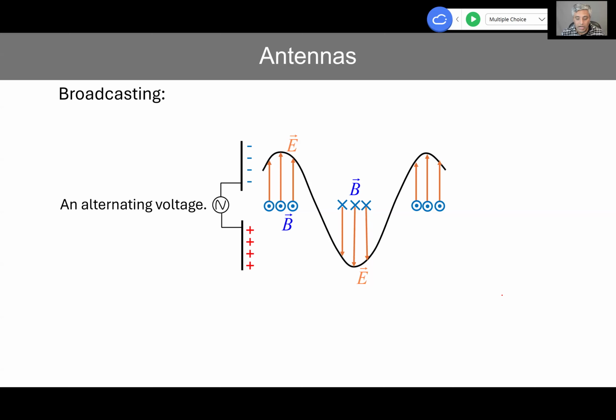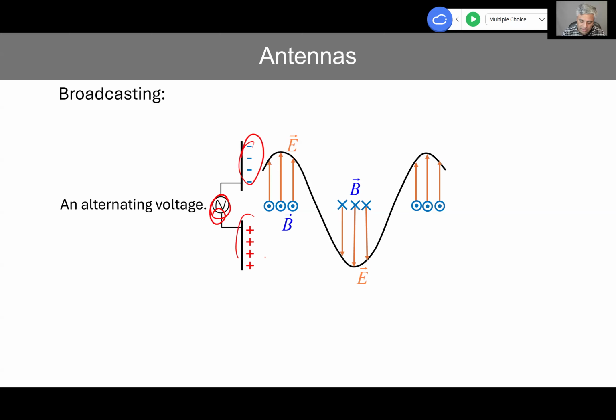You can capture them using an antenna. So how do they broadcast? They put their signal, their broadcast, on top of this electromagnetic wave. So they generate electromagnetic waves and combine their signal with the electromagnetic wave. So how do they do it?